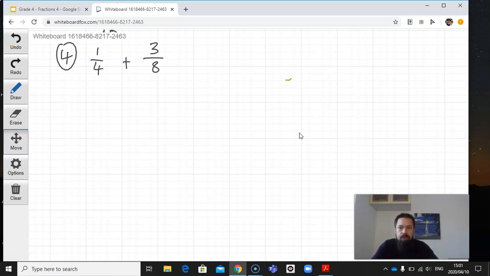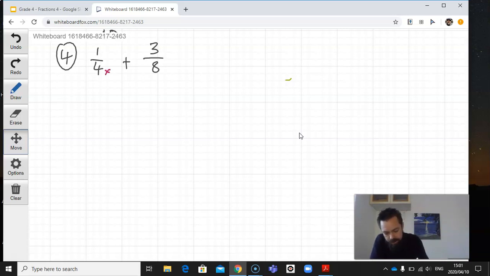Don't forget your rules. Before we add them, we need to make the denominators the same. Right, if you haven't managed to finish, follow along. You can see how far you got. You can finish it off, and hopefully we'll learn from it.